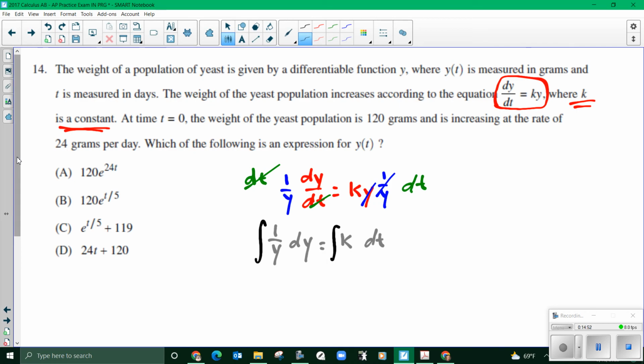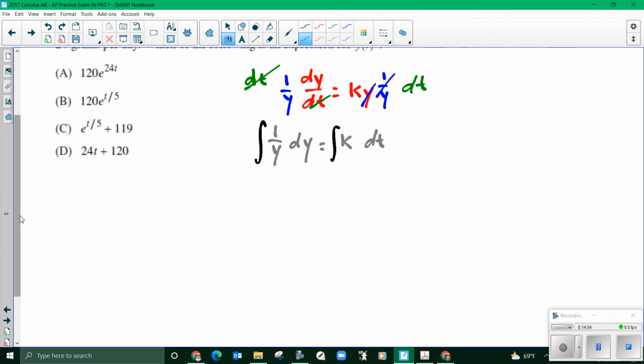Now, the integration of 1 over y is the ln of y. And I still have to have my plus c, because there are no bounds, so I always need to have my plus c, my constant, equals. Remember when I said think of k as 5? If k was 5 and I was integrating it, it would go to 5t. How do I know it's t? I'm using t here. But we don't have 5.